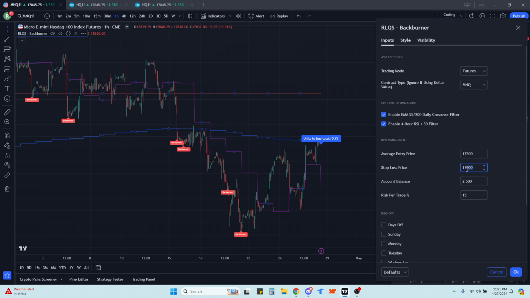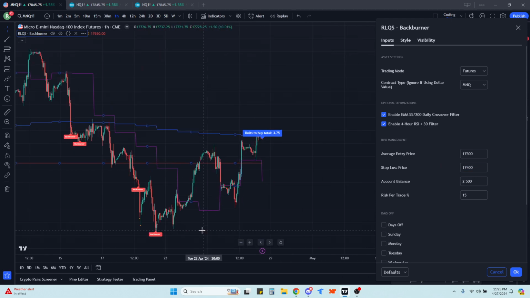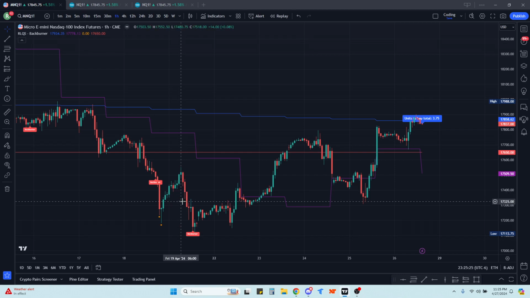So let's essentially kind of see how this works. So your entry price, so if we zoom in here a little bit, you see these two dots. So our signal initially fired here, and then you're going to have a second entry point, which is what these two dots are portraying, where RSI is more oversold than when the Backburner was.